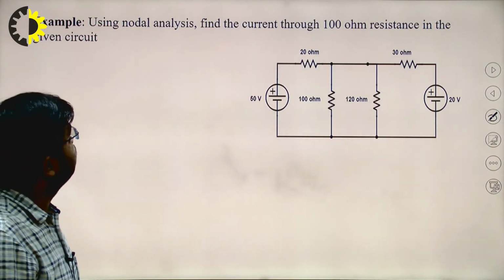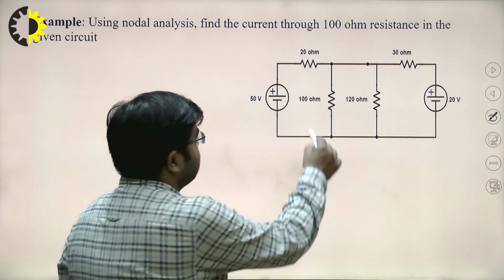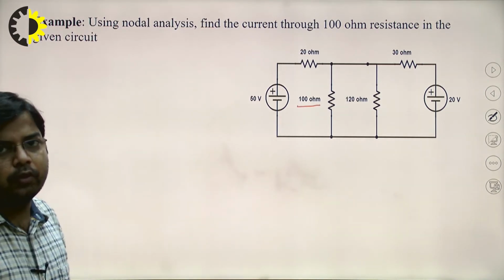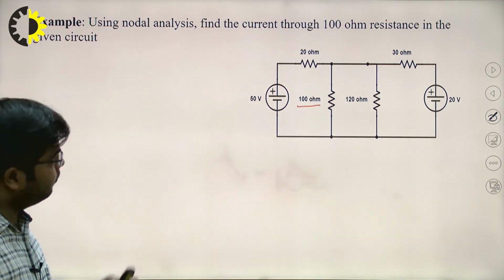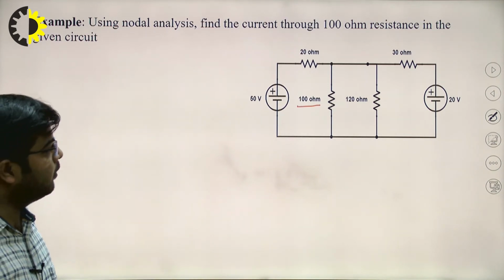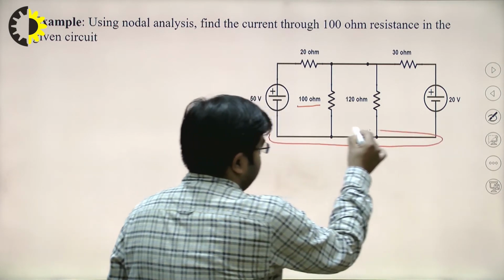Next example, using nodal analysis, find the current through 10 ohm resistance in the given circuit. Okay. So what is the procedure? First you have to identify the number of nodes. So in the given network, you can see this is the reference node.